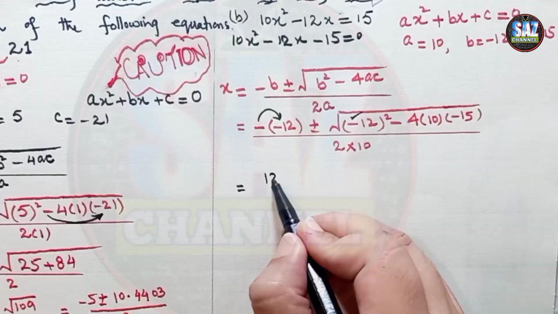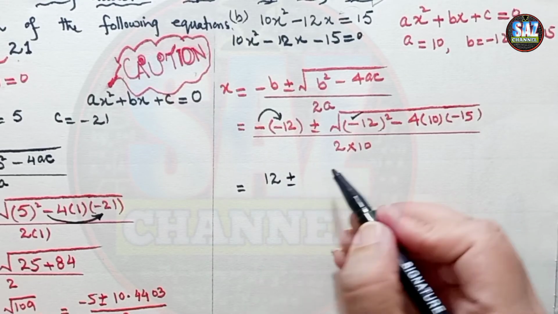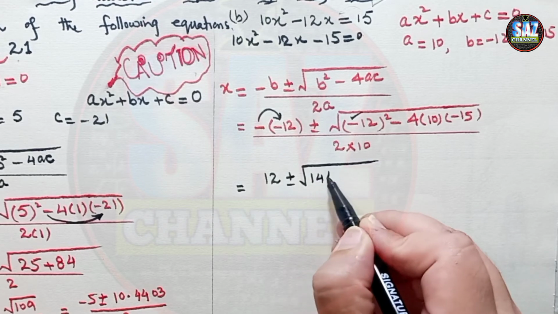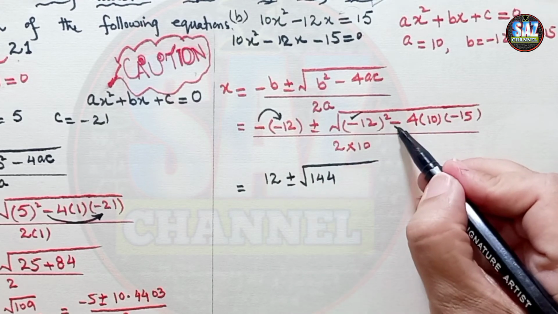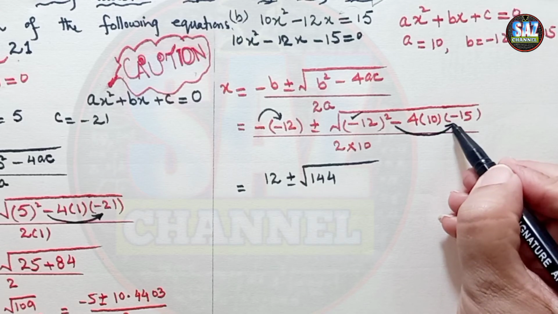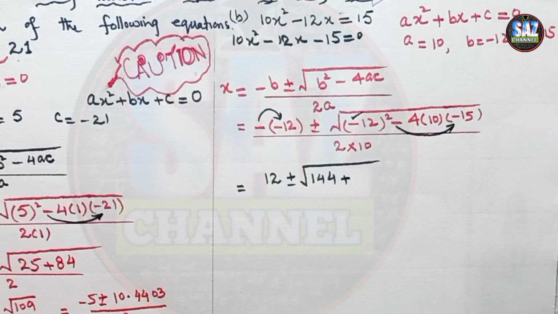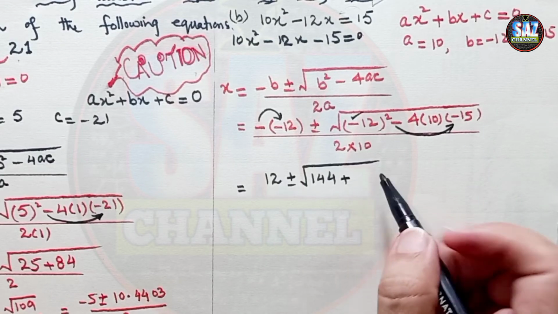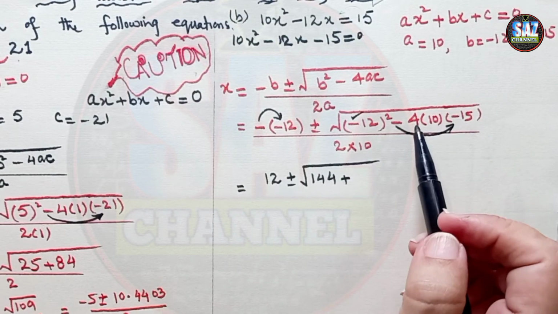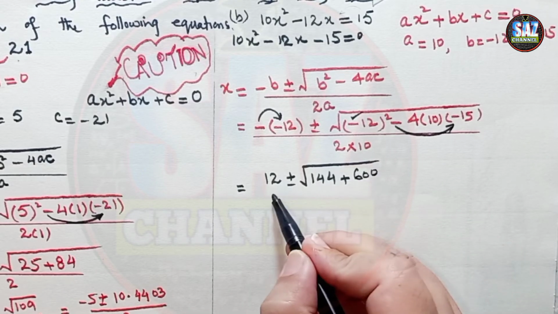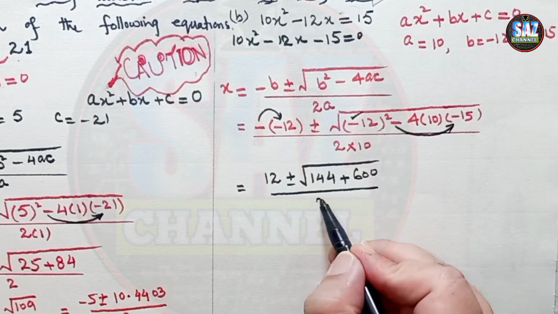This will become 12 plus minus the square root of 12 square, which is 144, and now again negative multiplied by negative will be positive, plus I have to multiply 4 by 10 by 15, and this is 600. 15 times 4 is 60, multiplied by 10 is 600, positive 600, upon 20. 10 times 2 is 20.